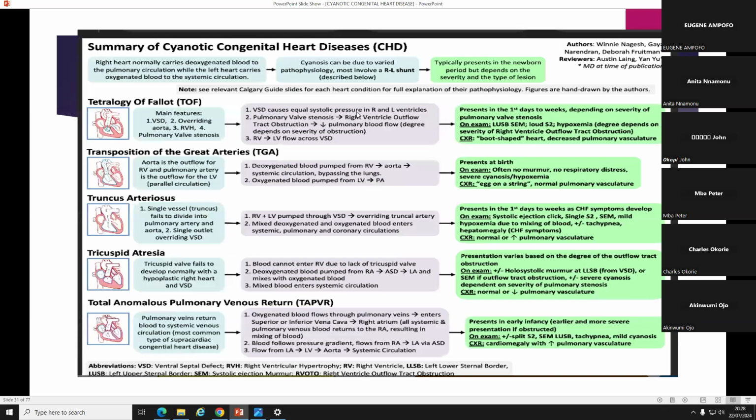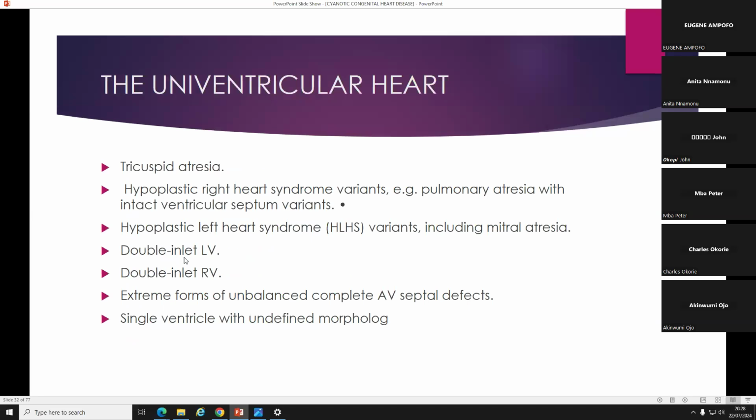This is just a slide to help us summarize the pathophysiologies of the cyanotic congenital heart diseases. Hopefully, will be useful.